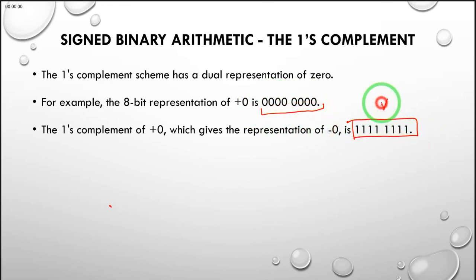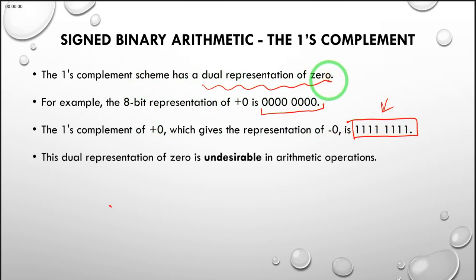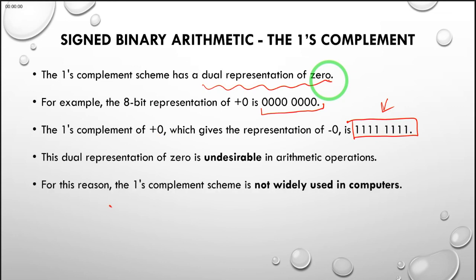Therefore this becomes a dual representation of 0, which again is undesirable for arithmetic operations to be done by computing devices. Therefore, it is not widely used because of this reason in most computer systems.